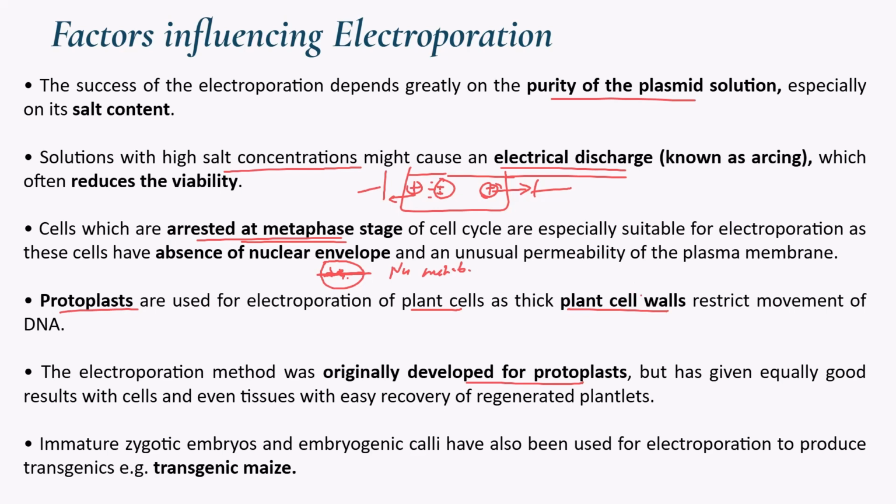So if we are taking a plant cell, we can remove the cell wall, isolate the protoplast, and then apply electroporation. All the methods that we have discussed before can be done this way, and it is perfectly fine. Then transgenic mice can be produced.